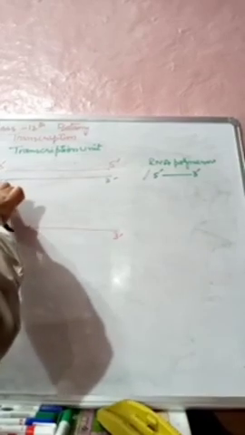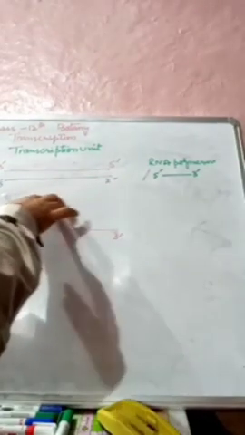So this means the RNA has to always go from 5' to 3'. The new strand will go from the 5' end to the 3' end.